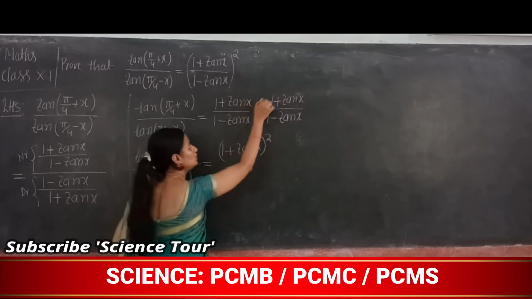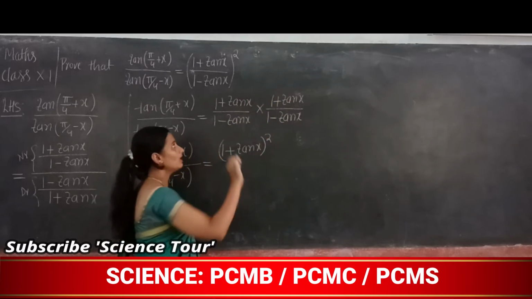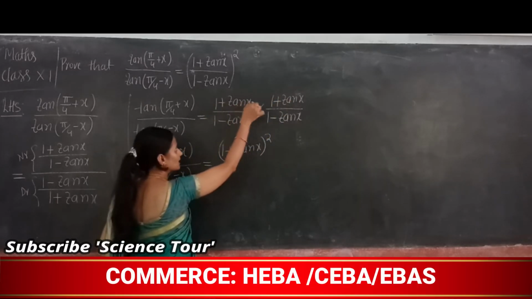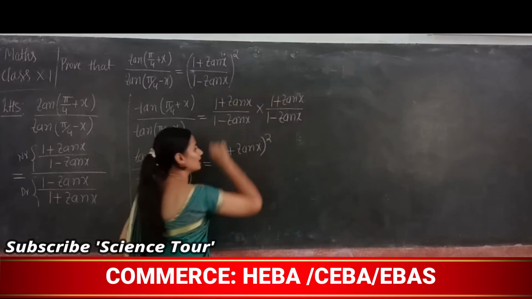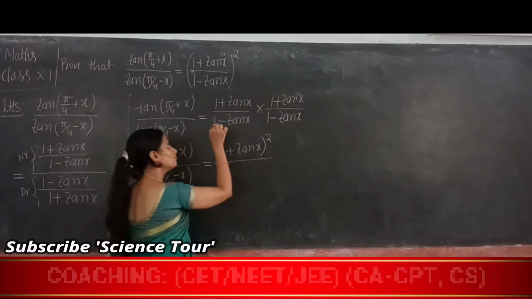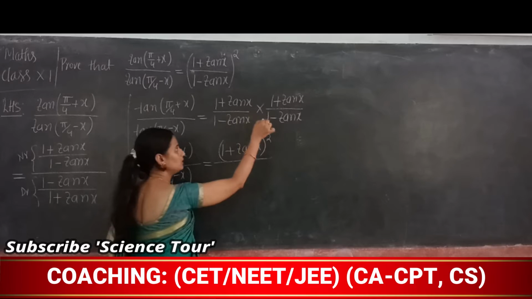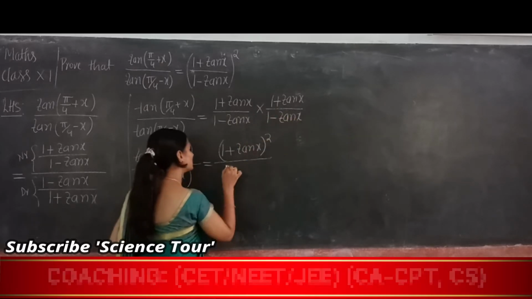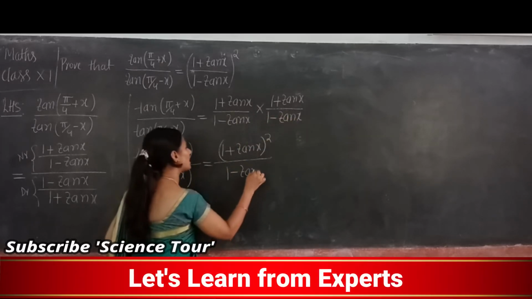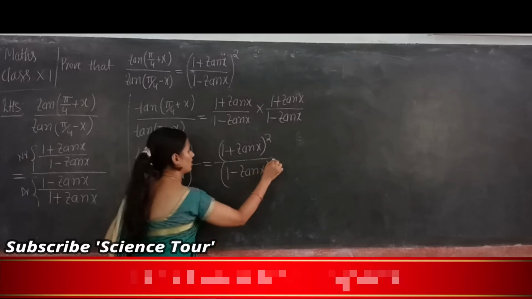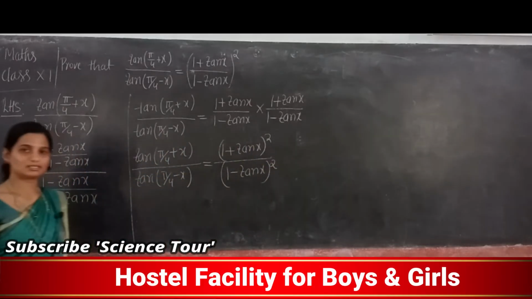A into A is A square. And (1 − tan x) into (1 − tan x) is (1 − tan x) whole square.